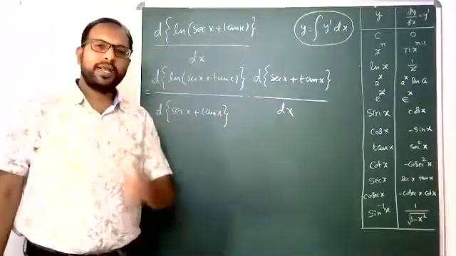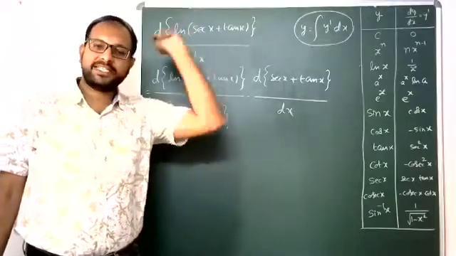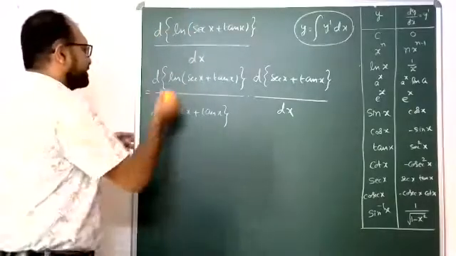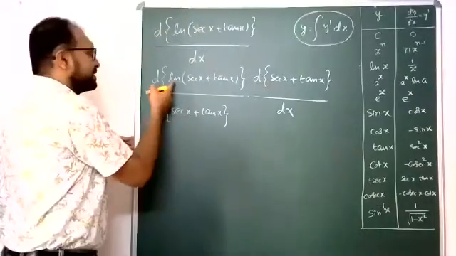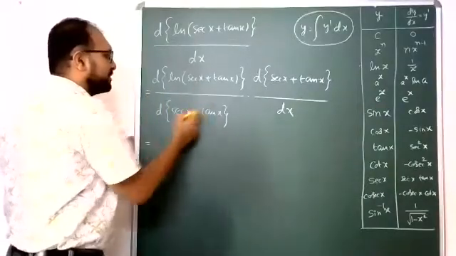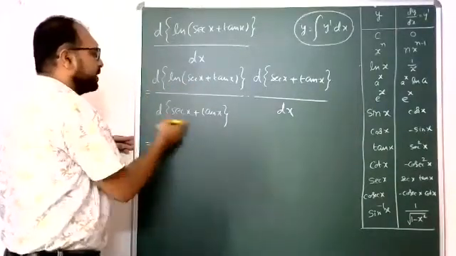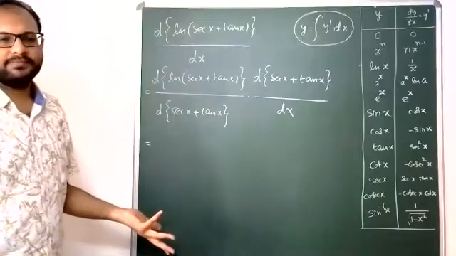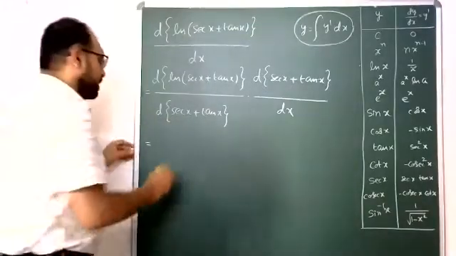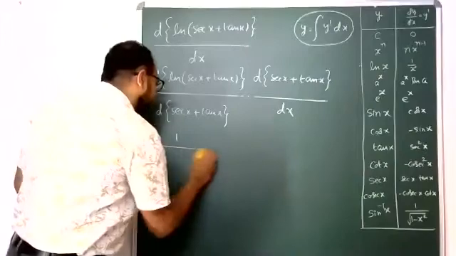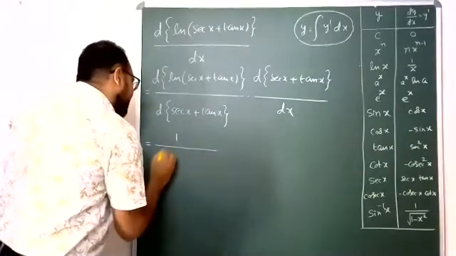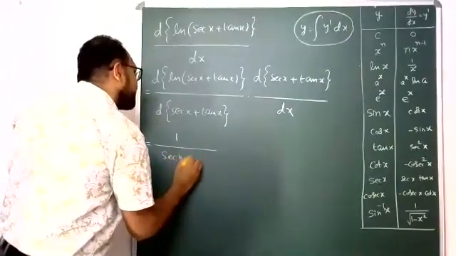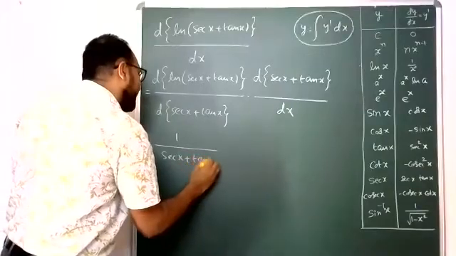Now you can use rule number 2 in our differentiation. This is ln of a function with respect to the same function. Ln u with respect to u is directly 1 by u. So 1 divided by secant x plus tan x.